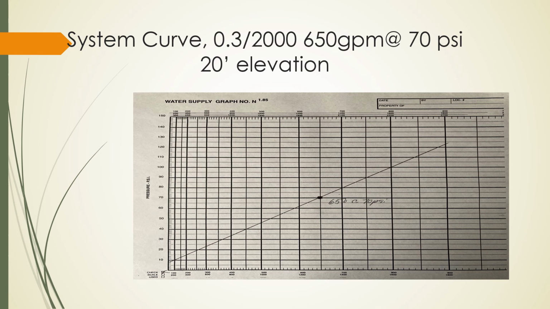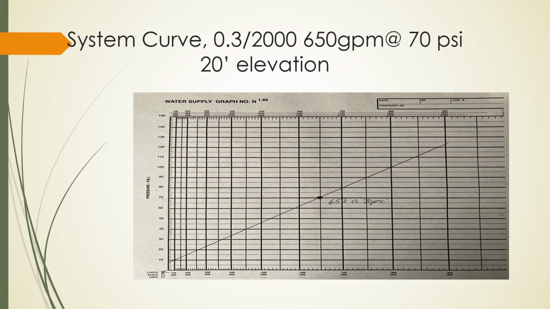The reason for that is that it's taking the elevation of 20 feet times 0.433 to come up with a pressure loss due to elevation. So that loss is linear as opposed to the frictional losses, which are to the 1.85 power. And that's why you don't start the curve at the 0 mark, but rather at the mark of the elevation of the sprinklers above the water supply.